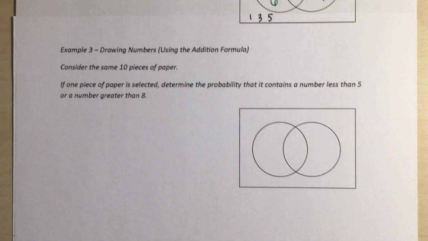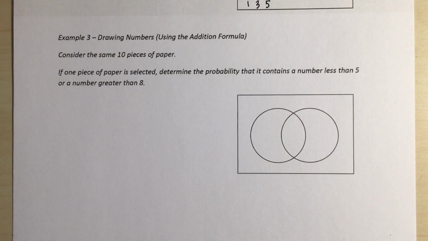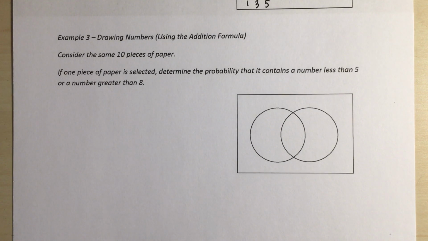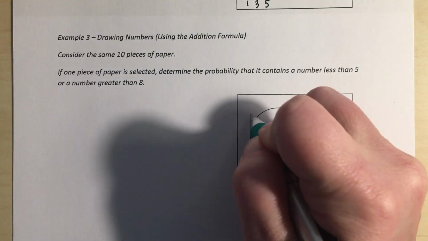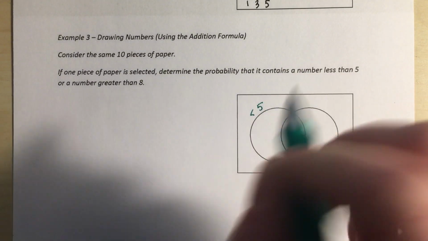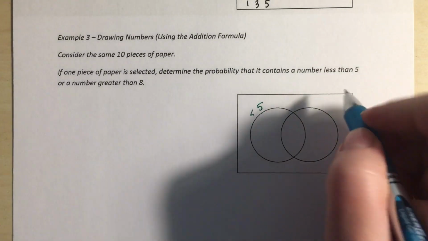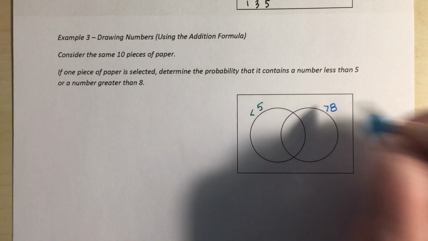We're going to do one more at the bottom of the page that's very similar. We're going to consider the same pieces of paper. If one piece of paper is selected, determine the probability that it contains a number less than 5 or greater than 8. This is going to be our less than 5. This side is going to be our greater than 8.